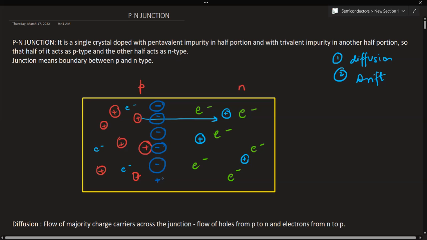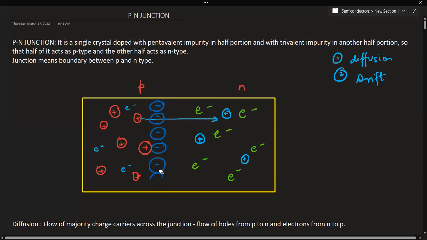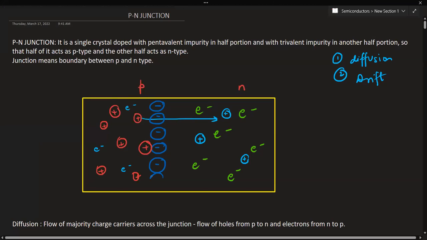Why? Because of the deficiency of positive charges. So since holes are leaving, they leave behind negative acceptor ions, which set up a layer of negative space charge region on the p side of the junction.